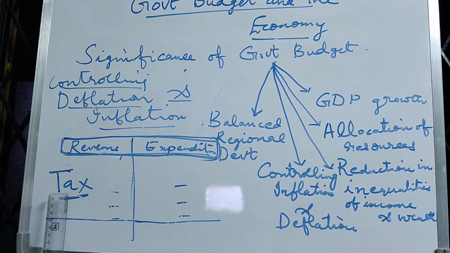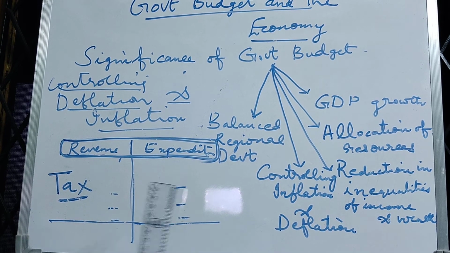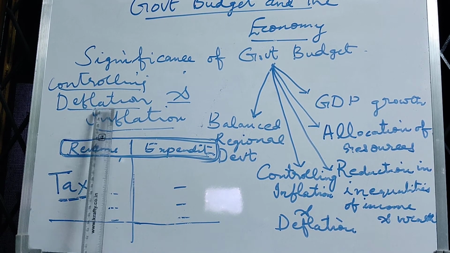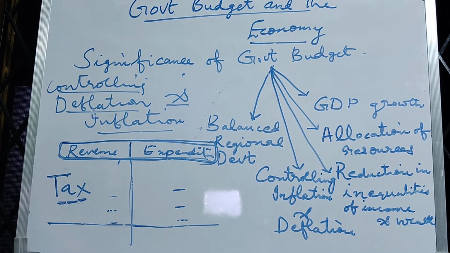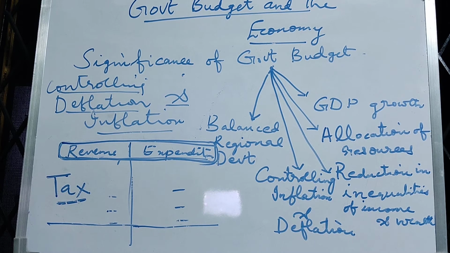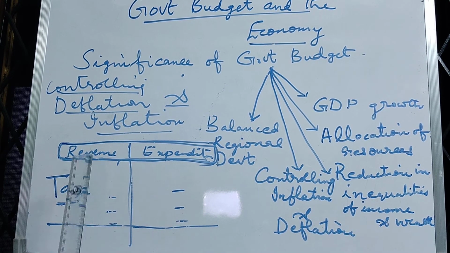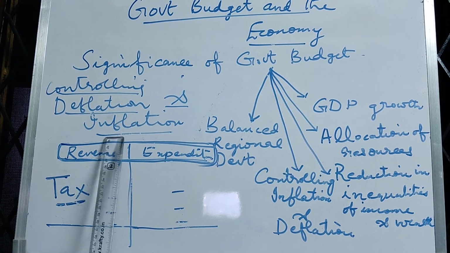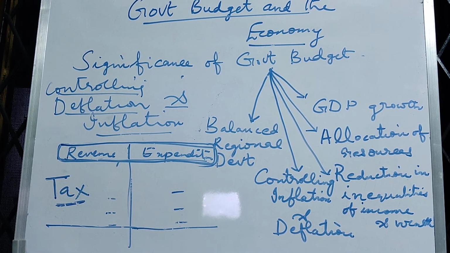So through taxation and expenditure, the government tries to control inflation and deflation and bring economic stability. Whenever these two extreme situations are there, it is said there is economic instability.